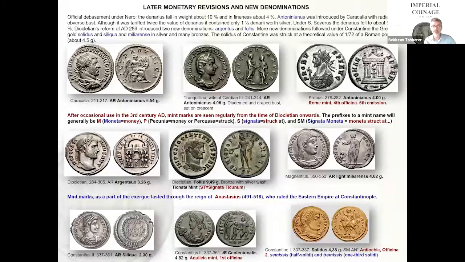And then we see the officina names and so much other information on them. And finally, Constantine with his gold coinage.